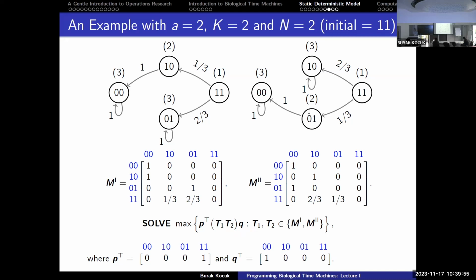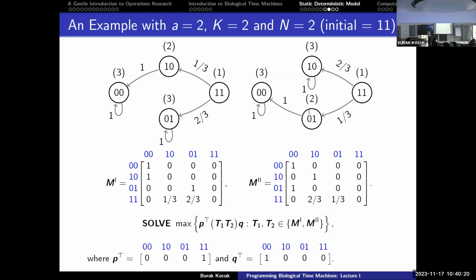Any questions here? Again, let me quickly repeat. You know where you start from, and you know where you want to end. In between, you are allowed to do 2 transitions, which are denoted by T1 and T2. And T1 and T2 are either this matrix or this matrix.